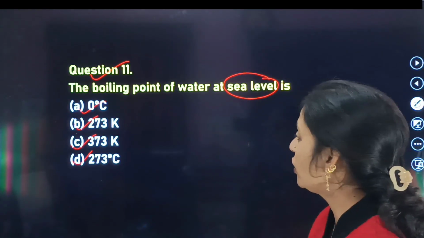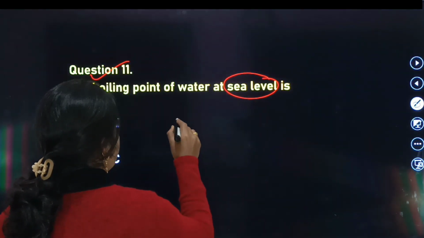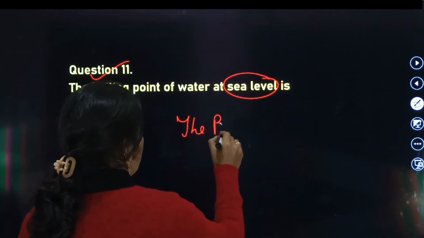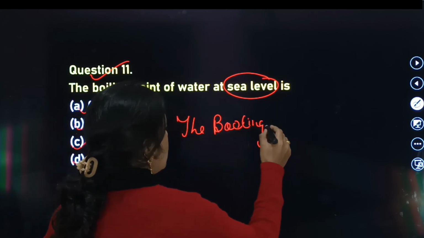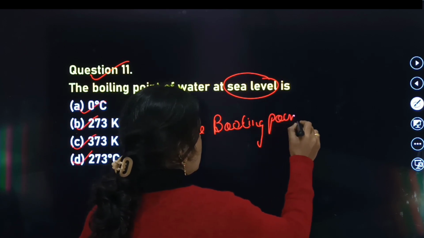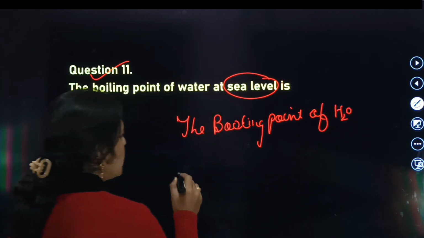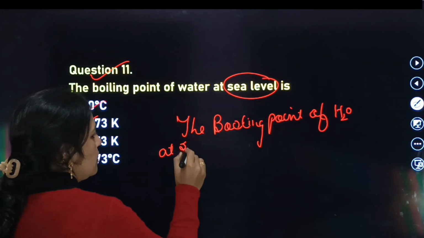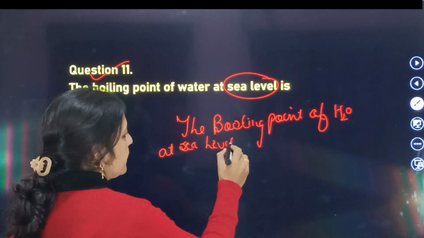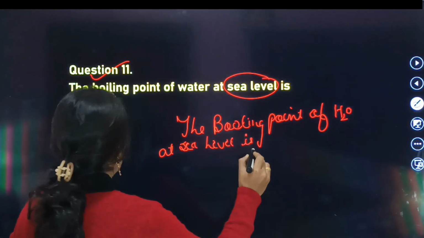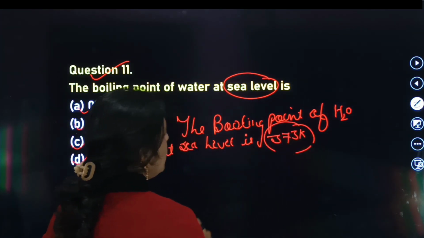So what is the boiling point of water at sea level? The boiling point of water, especially at sea level, is 373 Kelvin.